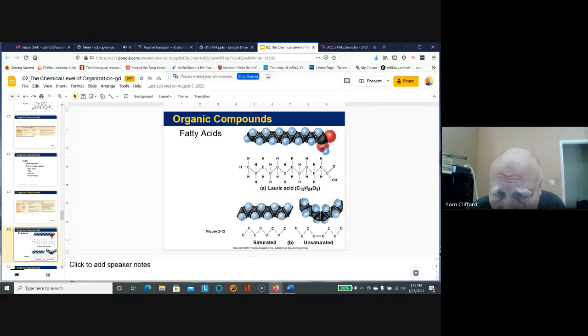This is the polar part of the molecule because oxygen tends to have a negative charge. So this fatty acid has this carboxyl group and this hydrocarbon group. If a fatty acid is saturated, it has all single bonds. If it has some double bonds, it's unsaturated.